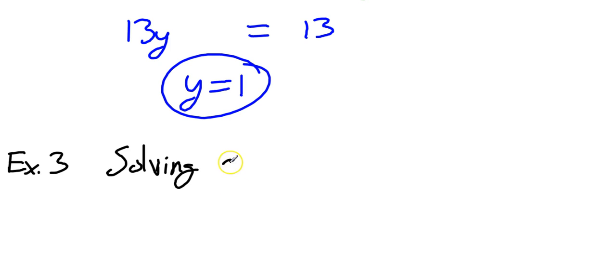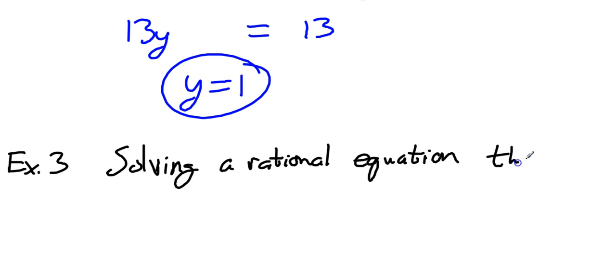It says solve a rational equation. Instead of finding a certain value, instead of finding x equals 2 or whatever, again, just look at the objective that tells you. So solving a rational equation that simplifies to linear.